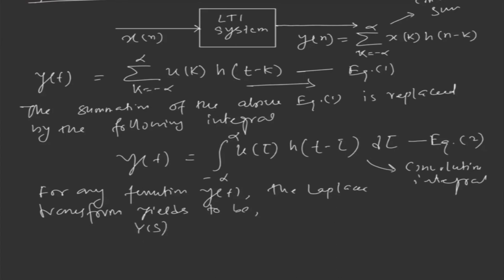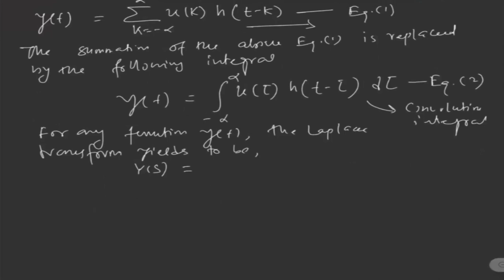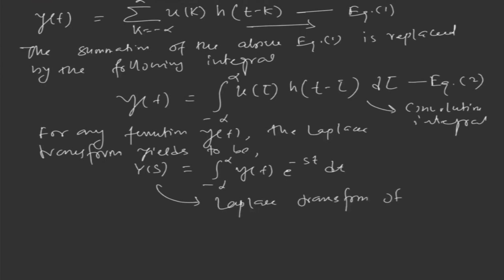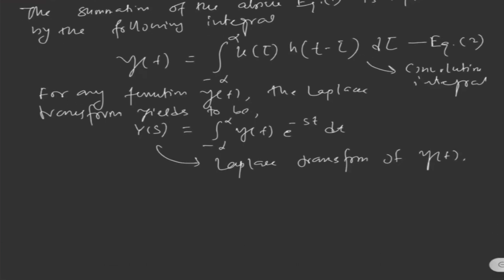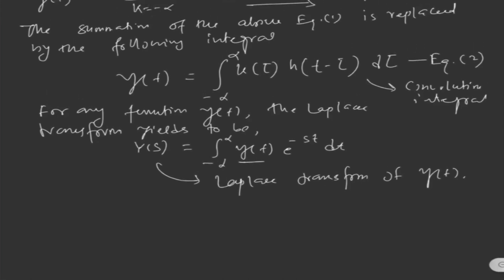Y of s equal to integral from minus infinity to infinity y of t e to the minus st dt. This is basically the Laplace transform of y. Okay, the same thing. And applying the convolution theorem here, let me write this as equation number 3.